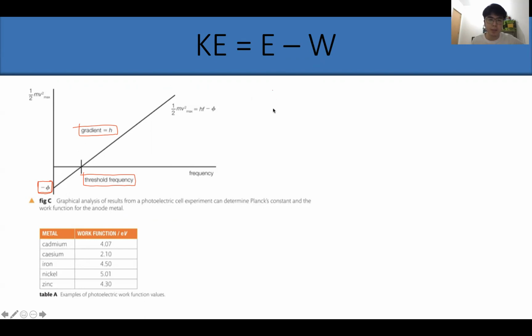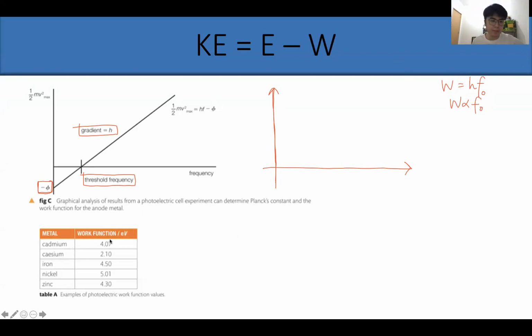Oftentimes they'll compare like this. We know that the work function is proportional to the threshold frequency, correct? W equals h f naught. So the higher the threshold frequency, the higher the work function.